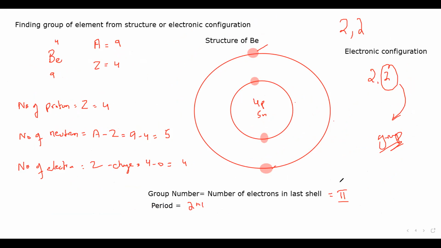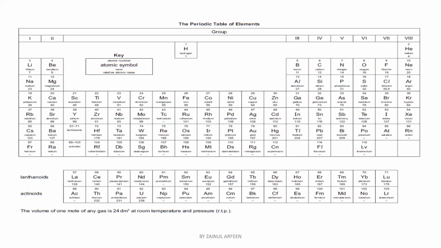So beryllium belongs to group 2 and period 2. When you check the periodic table, this is beryllium, it belongs to group 2, and this is period 1 and this is period 2. So it belongs to group 2 and period 2.